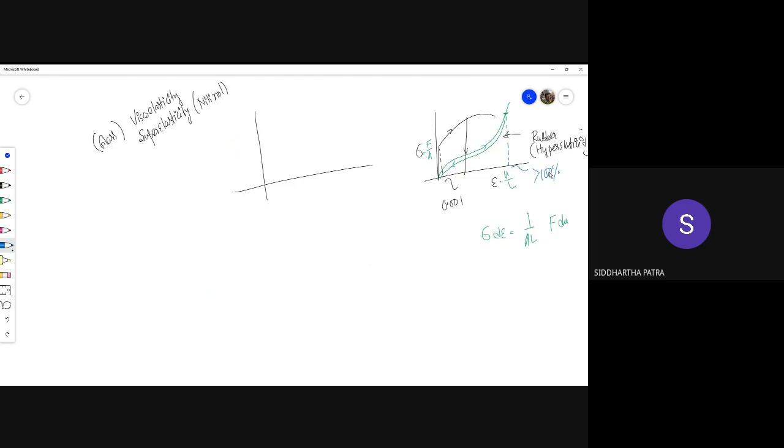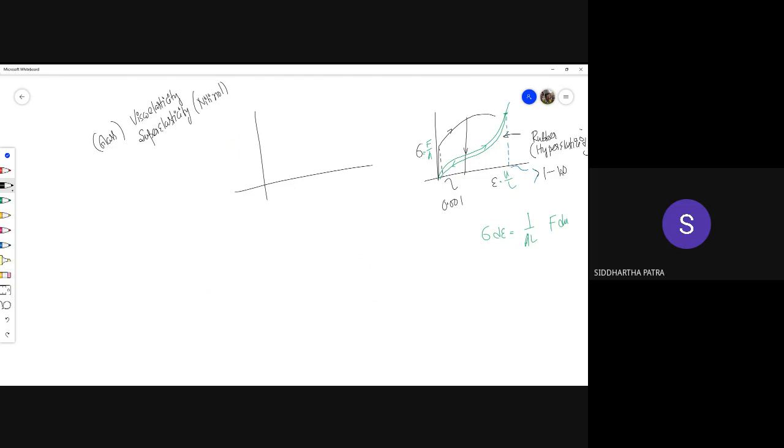Typically, you can imagine a strain of 1 to 10. Think of a rubber band. How much can it elongate? It can double itself, and it can elongate up to 1000% and still be elastic.